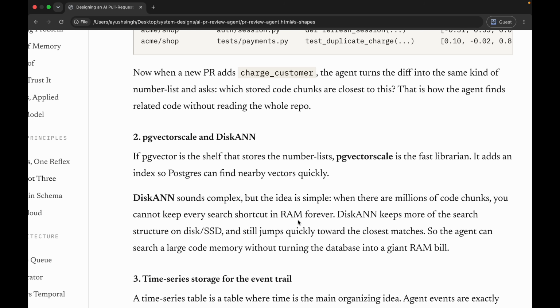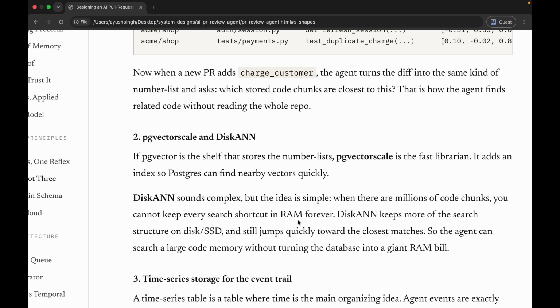It knows where it is. So pgvectorscale is an advanced version of pgvector, where it can add an index so that Postgres can find nearby vectors super duper quickly. And that's one of my favorite features of Tiger Data, and I've been working with it for a very, very long time.